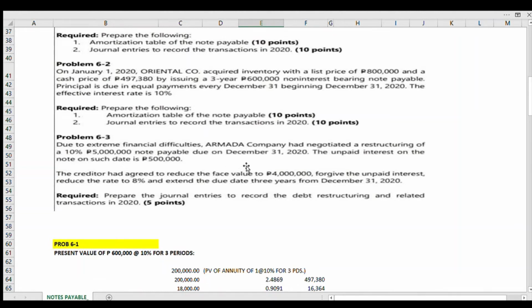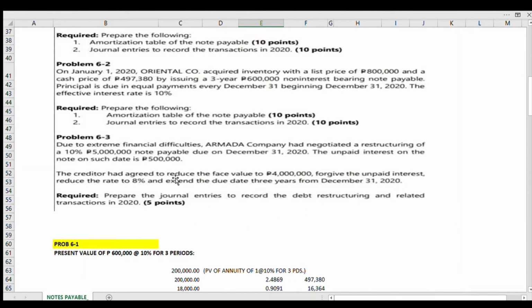And also, yung period, duration of the note is extended, from the December 31st, 2020, gagawin pa rin na 3 years ang duration ng note, considering natapos na yung isang taon, nag-extend na uli ng isang taon, magiging 3 years uli yung duration ng note.